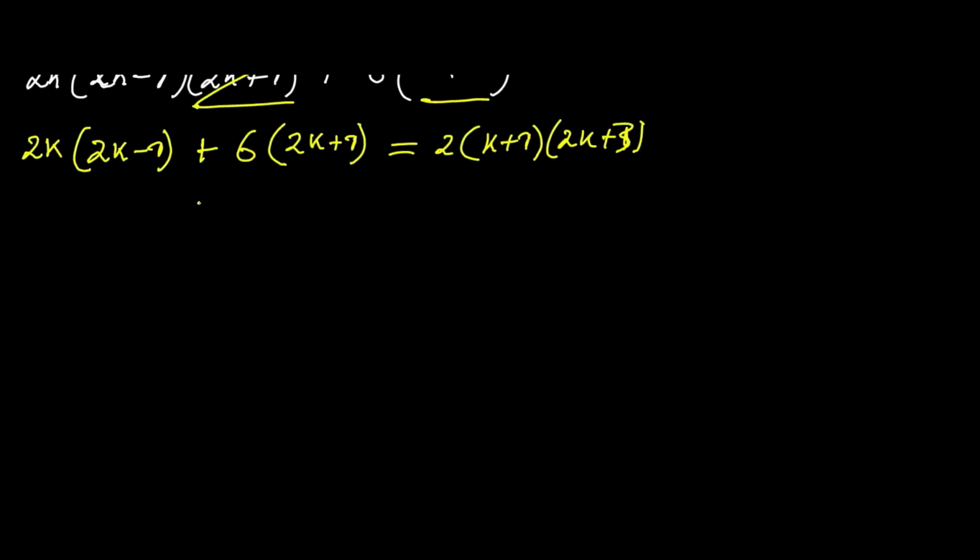Now we just have to continue simplifying this. So we have to multiply this. 2k times 2k will give us 4k squared. 2k times minus 1 will be minus 2k, and here we're going to have plus 12k plus 6. Good. So this will be equivalent to 2k plus 2 times 2k plus 3.